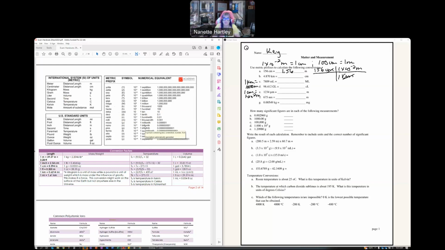Okay. So setting up those two, I know that I have 4.870 kilometers. I know that 1 kilometer is 1,000 meters. That cancels the km and leaves me with meters.